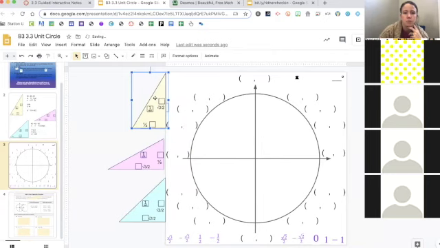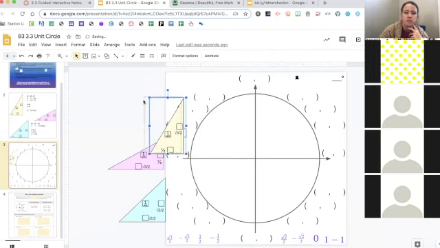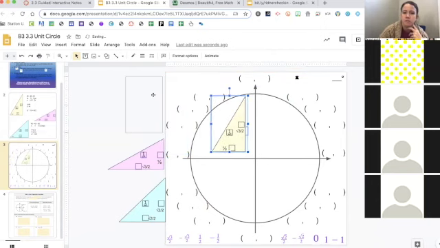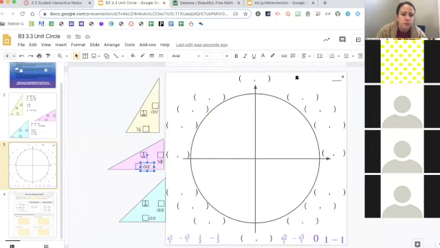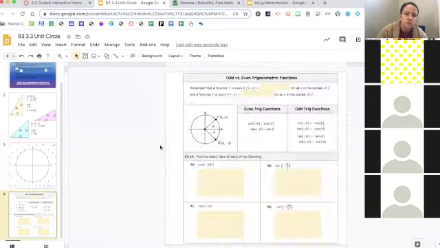So what does grouping do? Whenever I slide one, everything goes with it, so the measurements of my sides will go with it. It's as if you wrote on top of it, okay? So I'm gonna do that for each of my triangles.